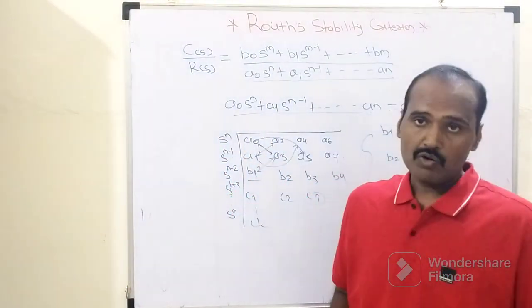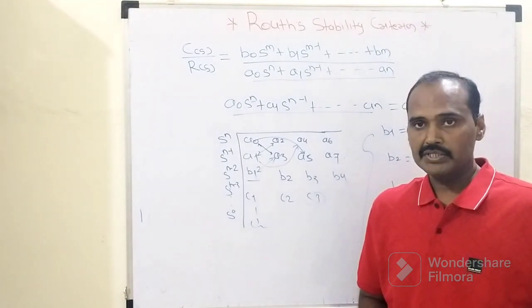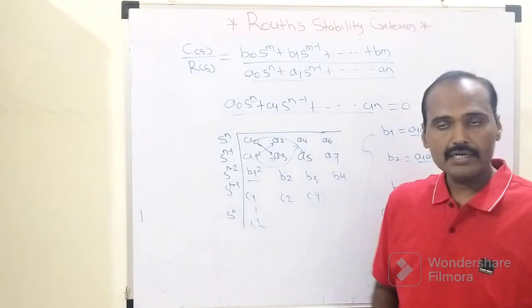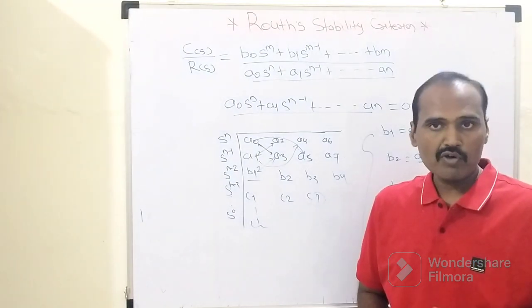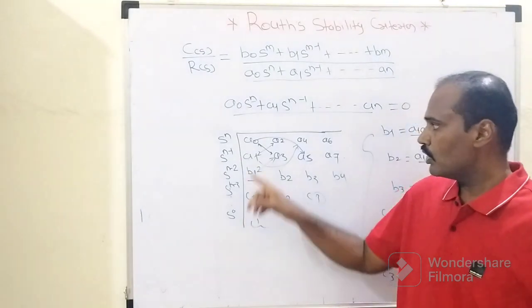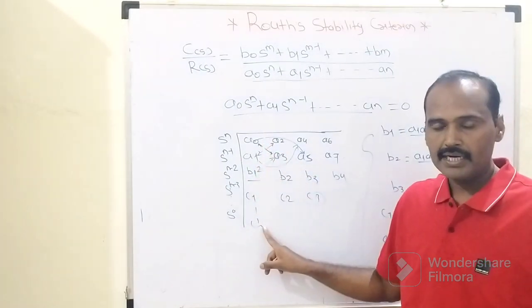Then for what purpose we are doing all these things? In order to determine the overall stability. So at what point we will come to know whether that system is stable or unstable? For that purpose we need to observe all the elements belonging to the first column of this Routh array, right?